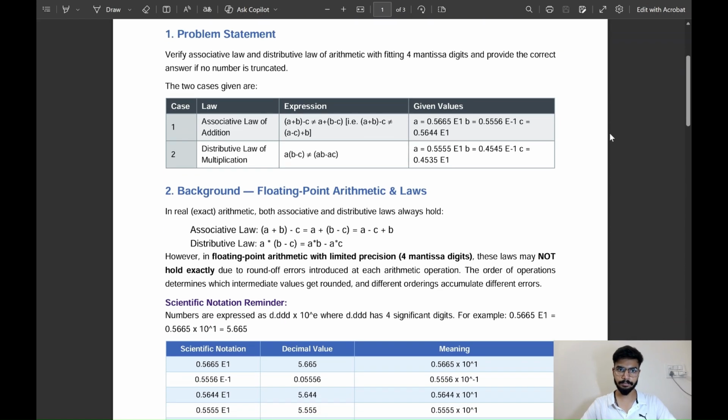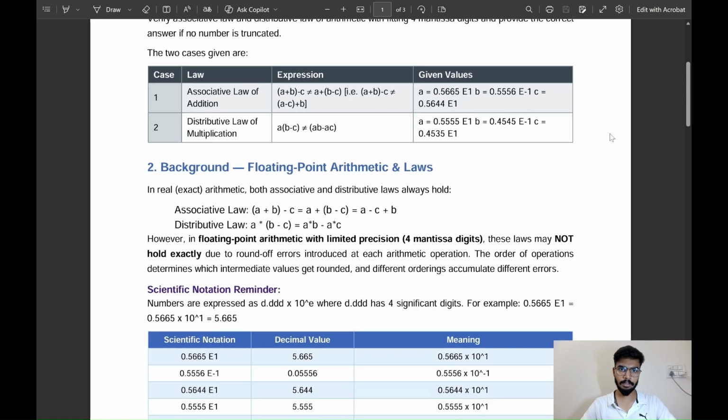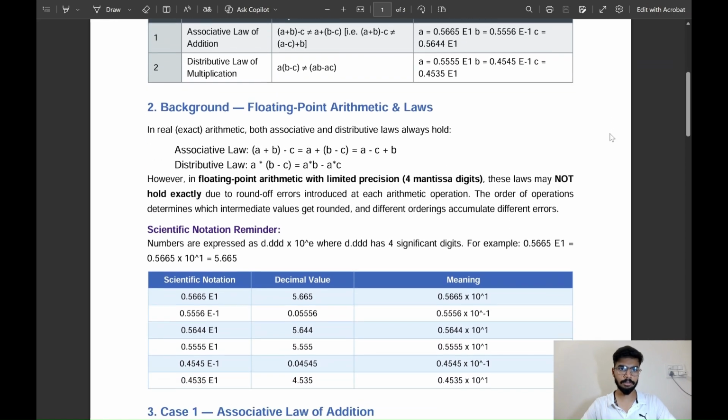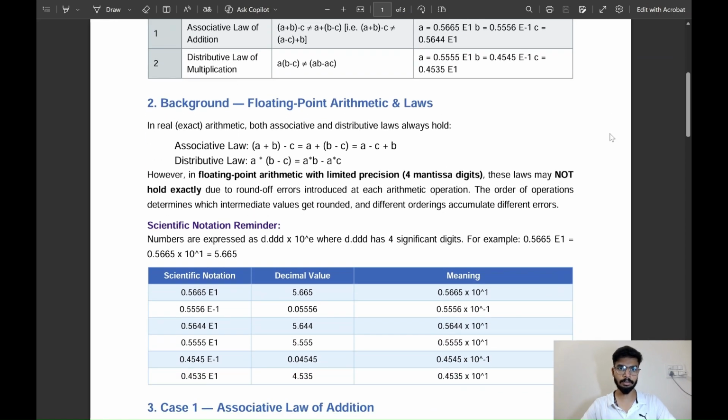Now we will see our floating point arithmetic laws. First, the associative law: a plus b minus c is equal to a minus c plus b. Distributive law: we have a into b minus c, that is equal to a into b minus a into c.